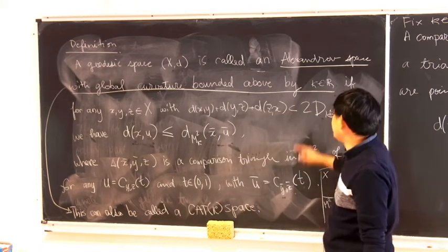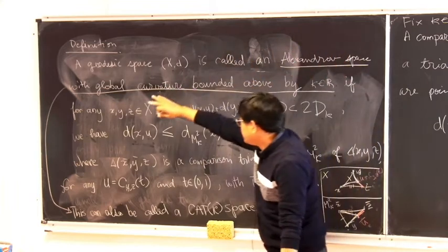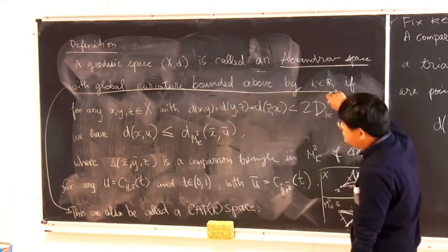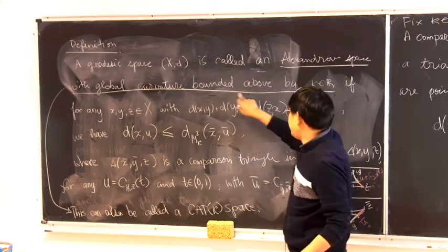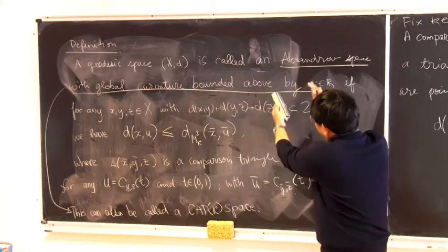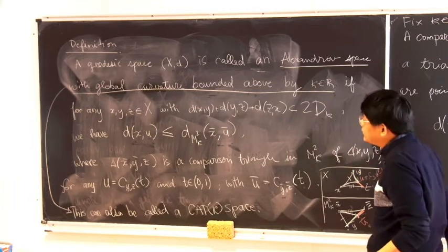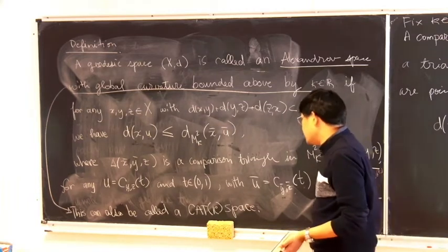We have a shorter name than this, Alexandrov space with global curvature bounded above by kappa. Someone might call this Alexandrov space with global CBA(kappa). That's still quite long.